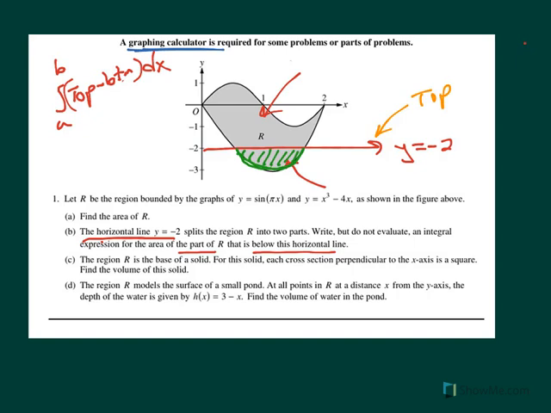So put y equals -2 into your calculator and find the points of intersection between the cubic and y equals -2. So that's going to be your A value, and this one is going to be your B value. And then you just want to set that up with your found A and B values, and put in the top curve minus bottom curve statement. So the top curve is y equals -2, and the bottom curve is that cubic function. And let's get ready for part C.